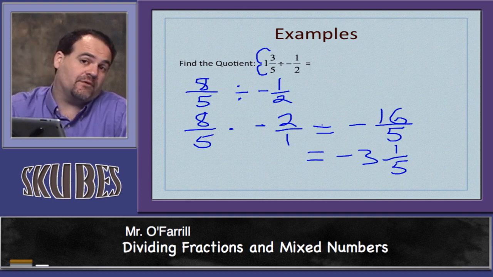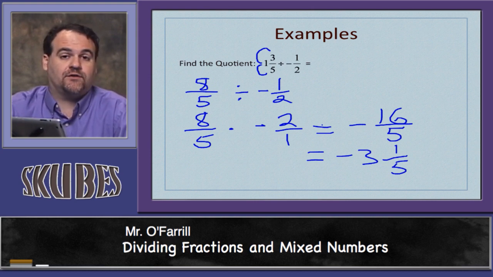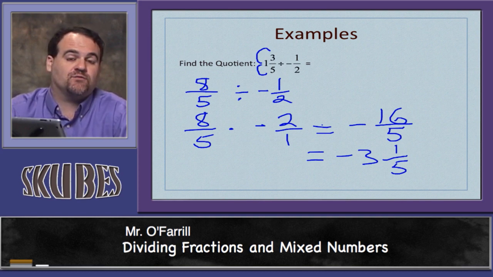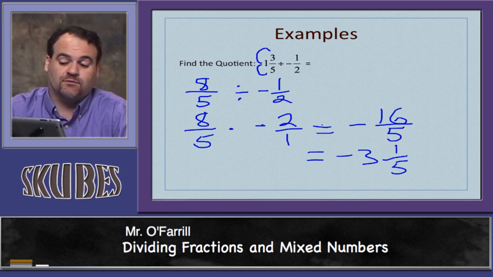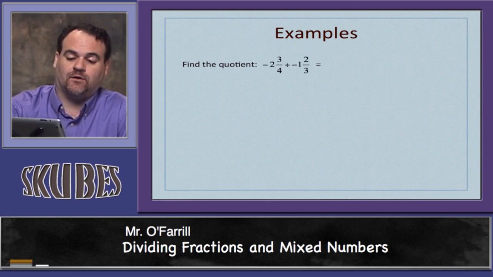So we have negative 3 1/5. Either one of those is a correct answer. It's going to be up to the context of the problem or your own instructor or what's really being asked for to determine which one you might have to do if there is a requirement.